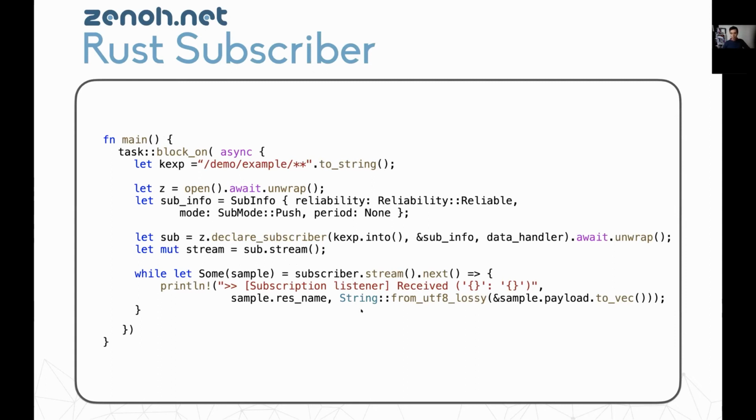So we support two ways of getting data: you can use streams, or you can use the old-fashioned callback, which obviously introduces inversion of control. But I think it's usually nicer to be able to avoid inversion of control by using this kind of API. Obviously, we do not support only Rust. We have just released the rewrite of Zenoh that is entirely written in Rust, but we obviously have APIs for Python, C, C++, and so on and so forth.